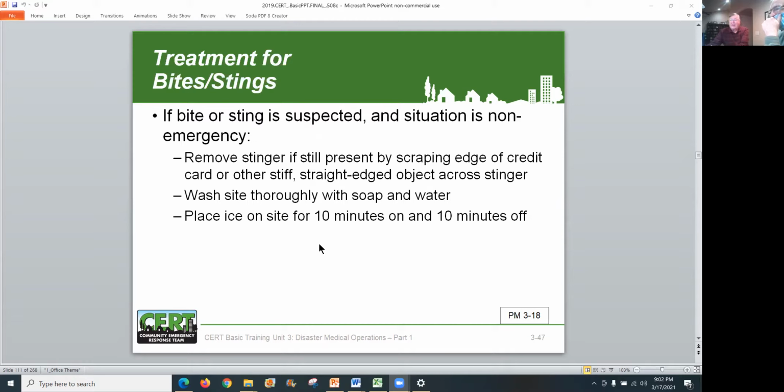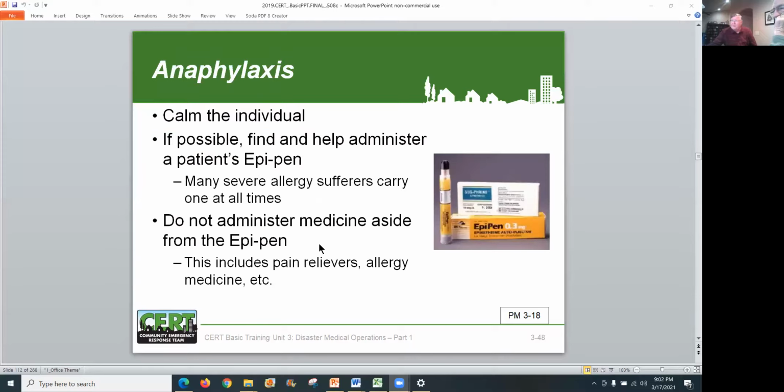You may place ice on the site for about 10 minutes and then take it off for 10, and then put it back on for 10 and take it off for 10. But one or two 10-minute stays is all you need for the ice. Here's the EpiPen. These are nice to have in your kit in case somebody in your family is allergic to bee stings or something of that nature.